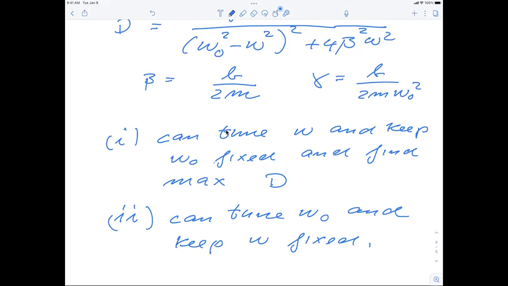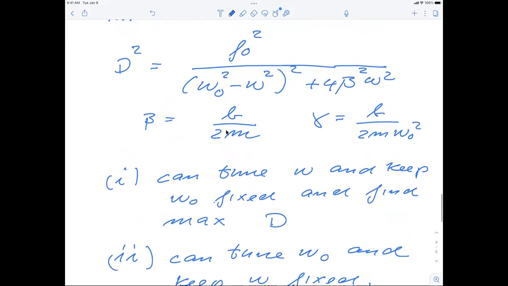Now, if you look at the equation for D here, if I want to find out what kind of situation can maximize the amplitude of the particular solution, what is your feeling? How would you proceed if you want to find the frequency which maximizes the amplitude? Yeah?